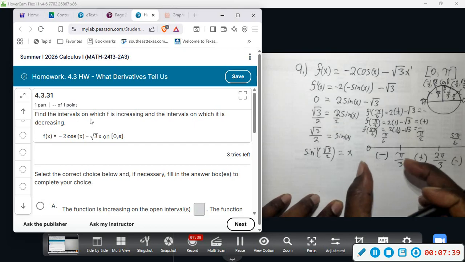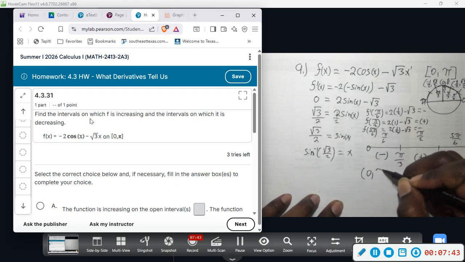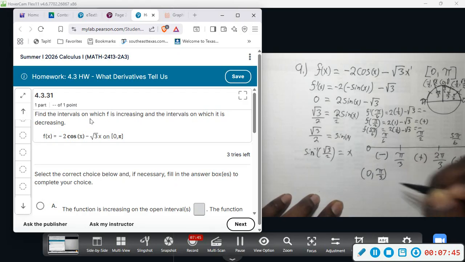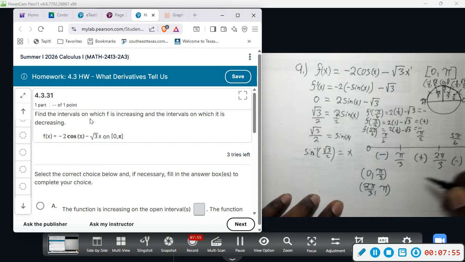So we have negative from 0 to pi over 3. And we also have negative from 2 pi over 3 to pi. And then we have a positive interval from pi over 3 to 2 pi over 3.